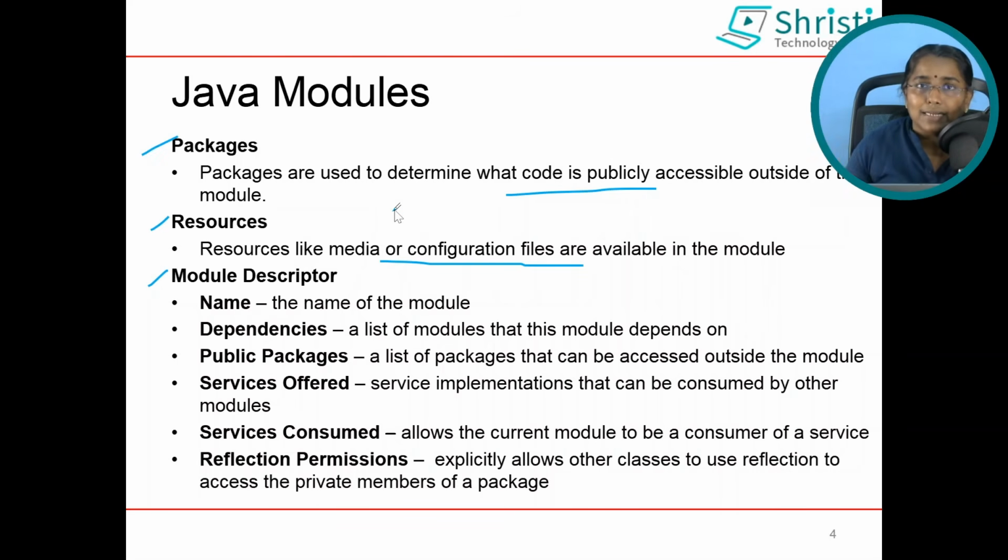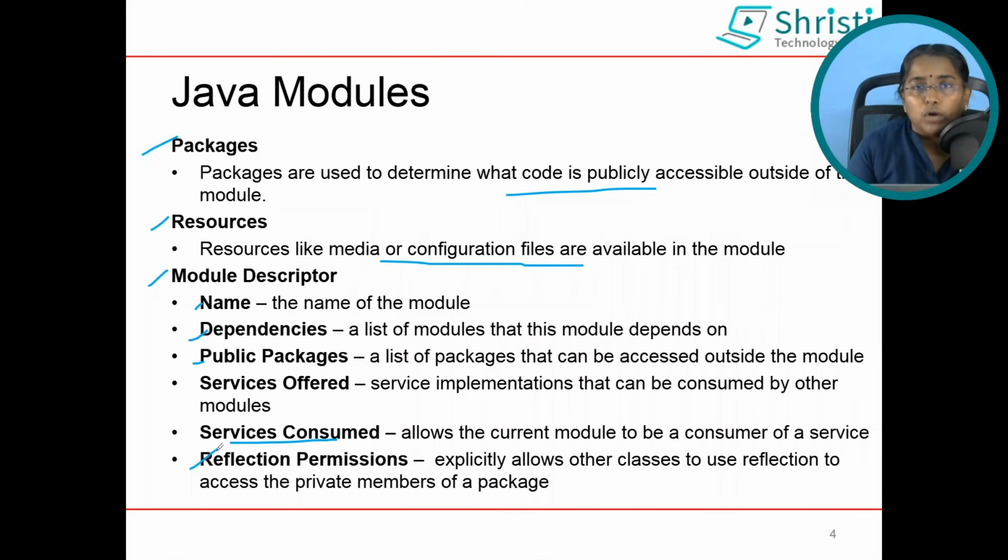It has all the details about the module: the name of the module, the dependencies that this module has, which packages are exposed publicly to be accessed outside the module, which services are provided by this module, and which services are consumed by this module. Reflection permissions, which means it explicitly allows certain classes to use reflection to access private members.